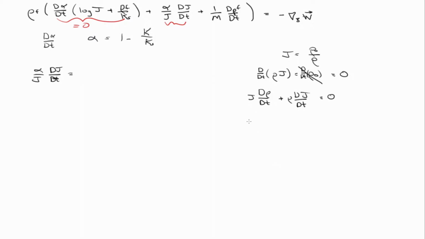Well, what's D rho Dt equal to? We can use conservation of mass, right? Conservation of mass is D rho Dt plus rho divergence of v equals 0, right?